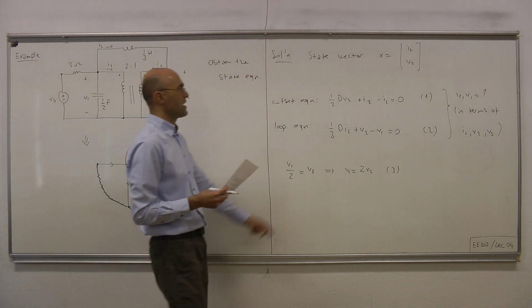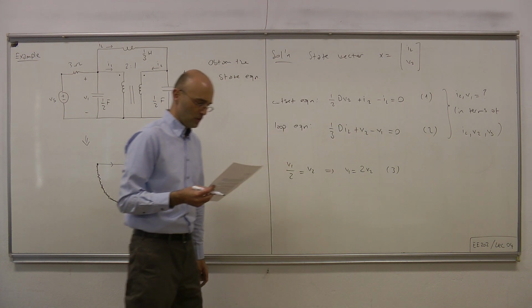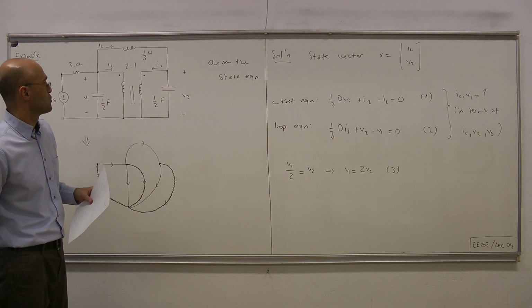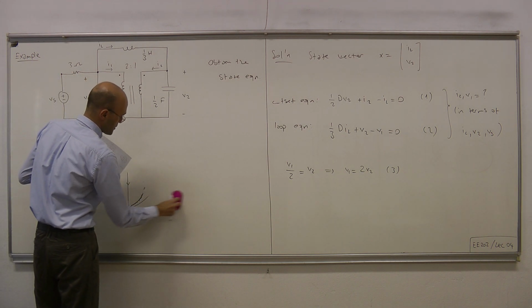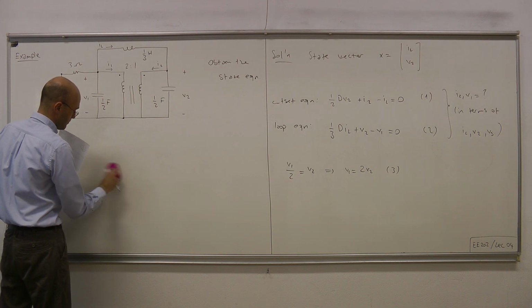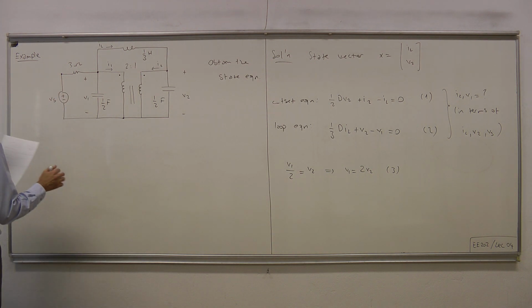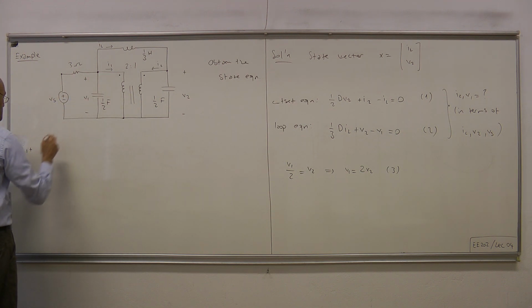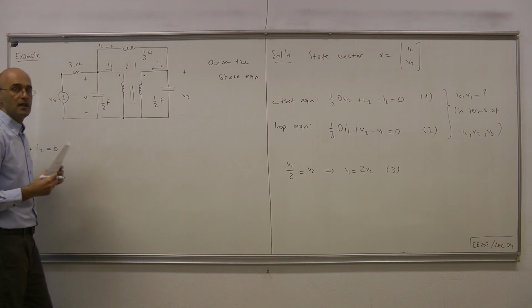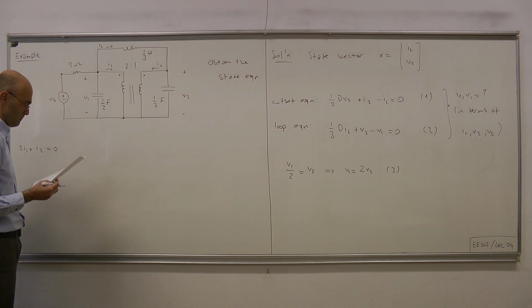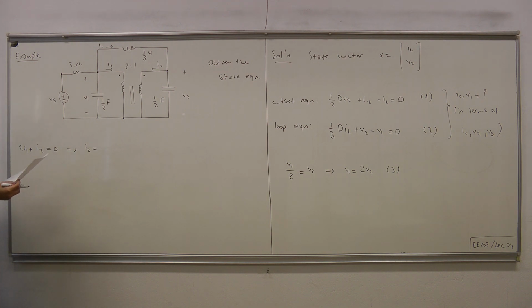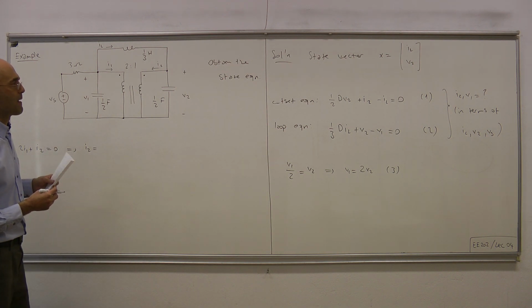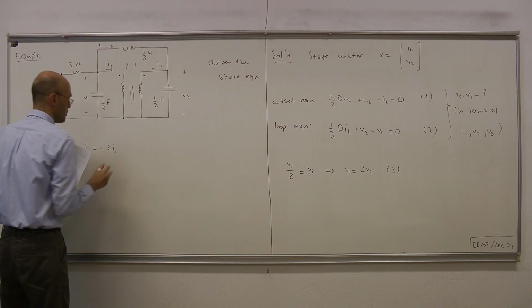But still we have to take care of I2. So let's do that also. For that, let's use this time the other terminal equation for the ideal transformer, which is 2I1 plus I2 equals 0. So that means we can write I2 as minus 2I1.